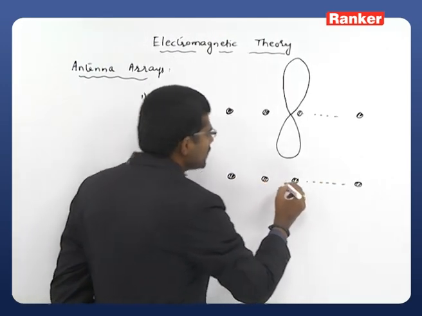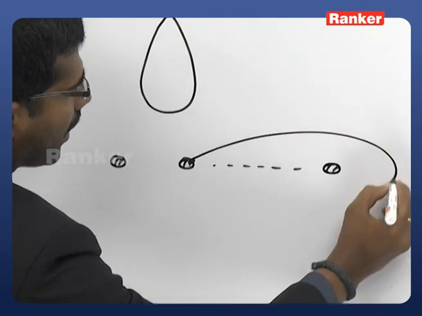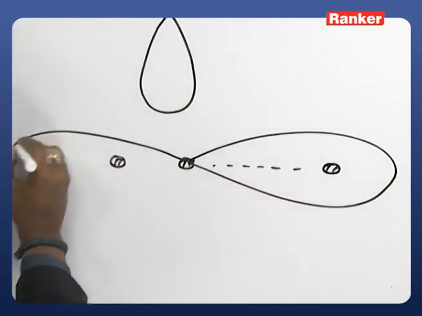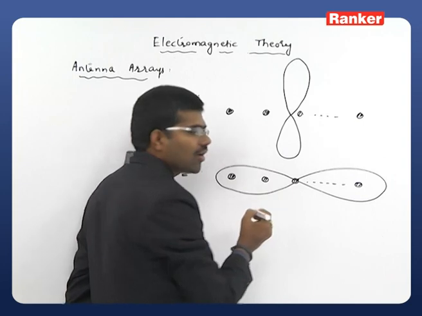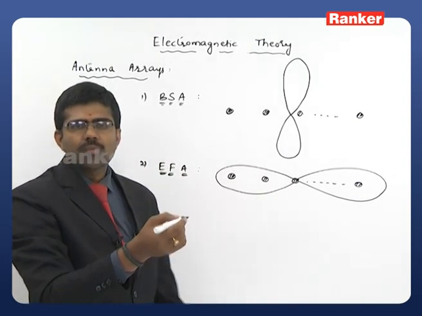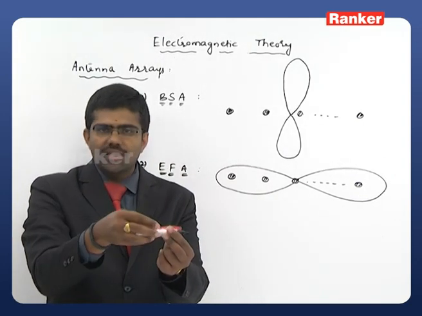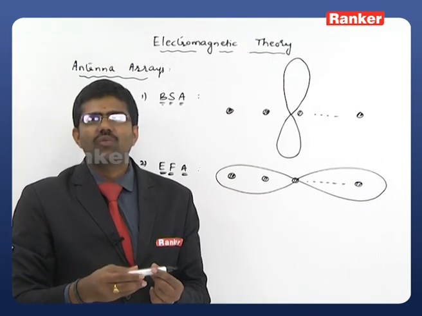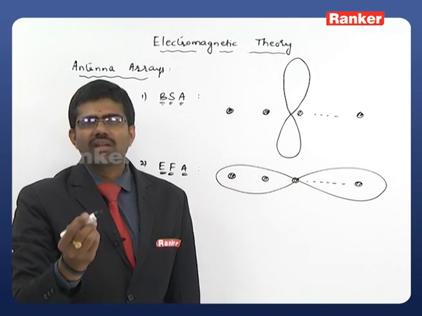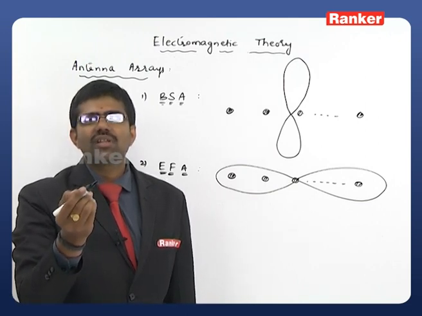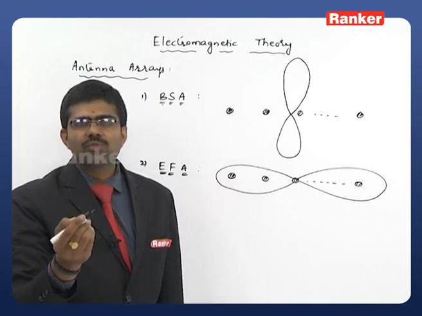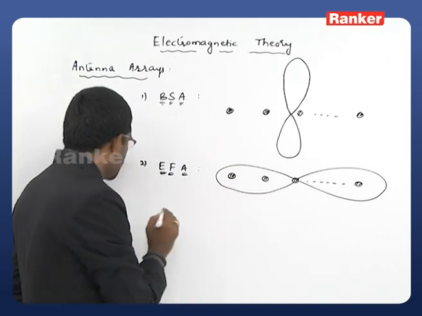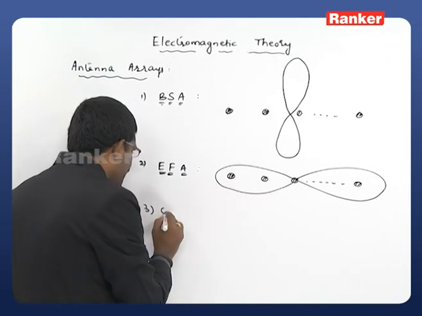For the array axis, the radiation pattern is parallel, that is, along the array axis. Suppose you consider this as the array axis, then the radiation pattern is also along this array axis. Then it is said to be an end fire array. The Yagi-Uda array, the antenna useful for TV reception, is one of the examples of the end fire array. And the third one is the collinear array.